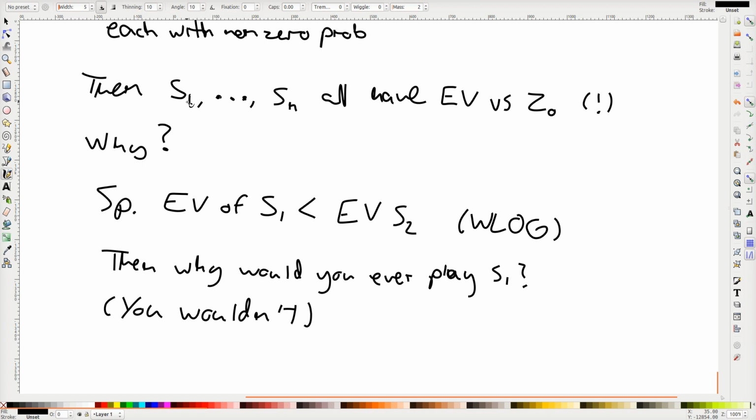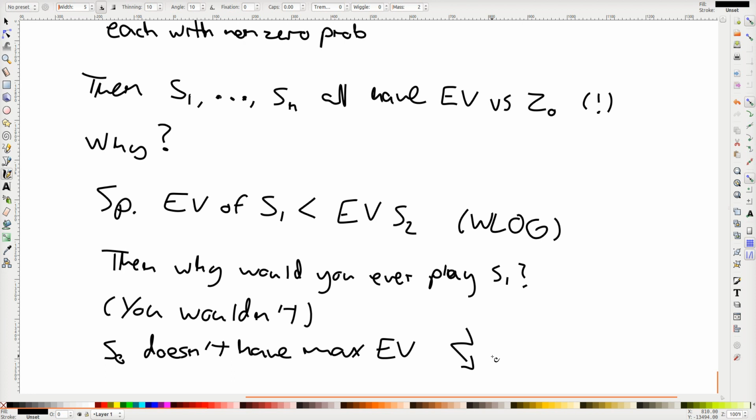So that means that S0 wouldn't be maximally exploitative. And this is a contradiction. So this standard symbol for contradiction is this broken arrow thing. And that's the end of the proof.